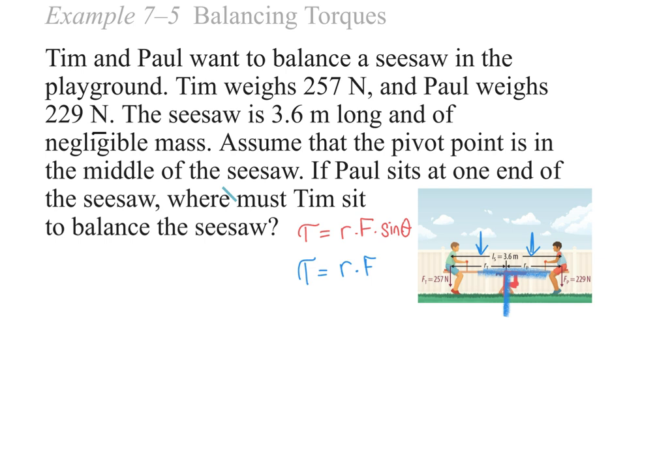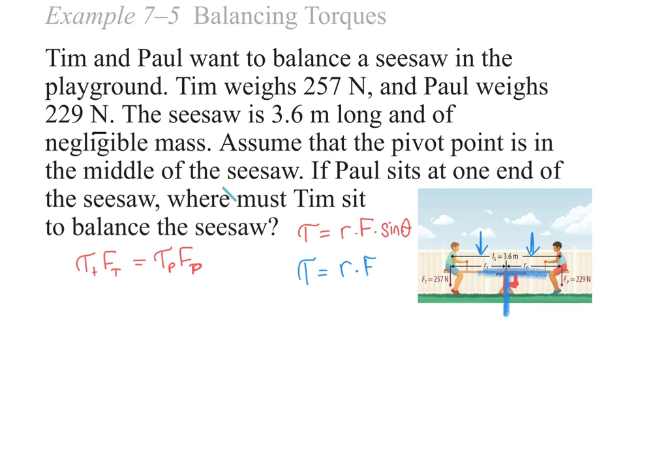So we have a little tau for Tim and Tim's force, and that should equal Paul's torque and Paul's force. Those torques should equal each other, or else we don't have equilibrium if we're talking about the rotational force that's happening here.